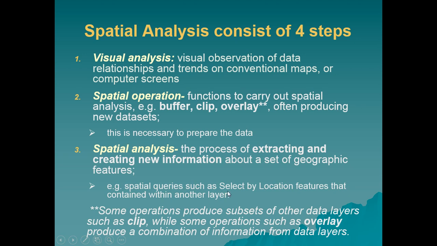So you're talking about containment here. You would not have been able to run this type of spatial analysis if you did not already prepare your data in step 2. This note here is really just for your benefit, briefly explaining the clip function and the overlay function.